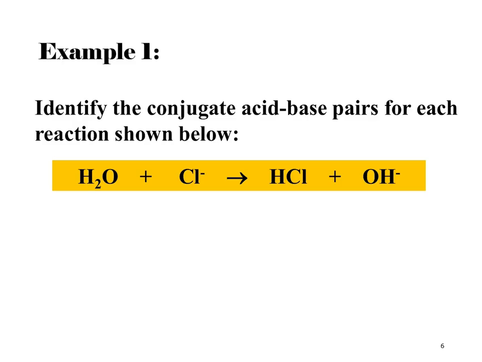Protons, hydrogens, they're going to be used interchangeably all the time with acids and bases. All right, if we had to plot the movement of protons or hydrogen in this reaction, what's donating protons and what's losing protons? Or what's accepting protons?